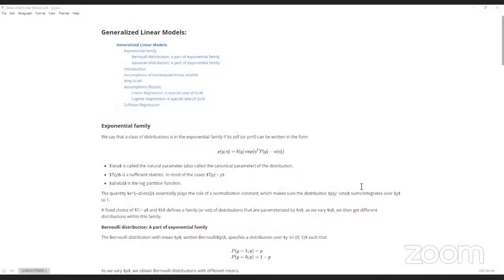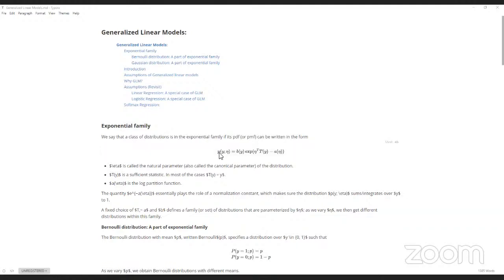Yes, sir. Okay, so first, before going to the generalized linear model, let's understand what the exponential family of distributions is. As I told you, by looking at the PDF and PMF, we come to know whether it follows a normal or Gaussian distribution.